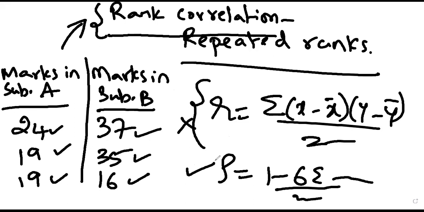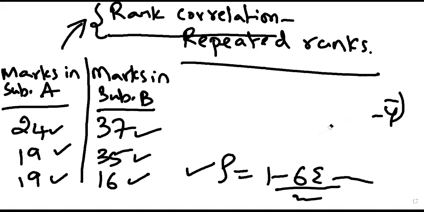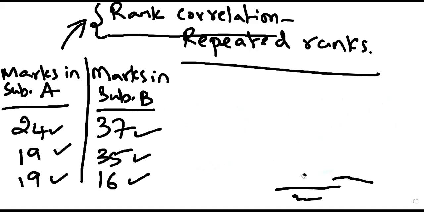You should be very careful when you are calculating the correlation equation. Somewhere you can just make a note of it, saying that the question has to be read twice or thrice. What they have asked, whether they have asked the rank or whether they have asked us to determine the normal correlation. Okay.